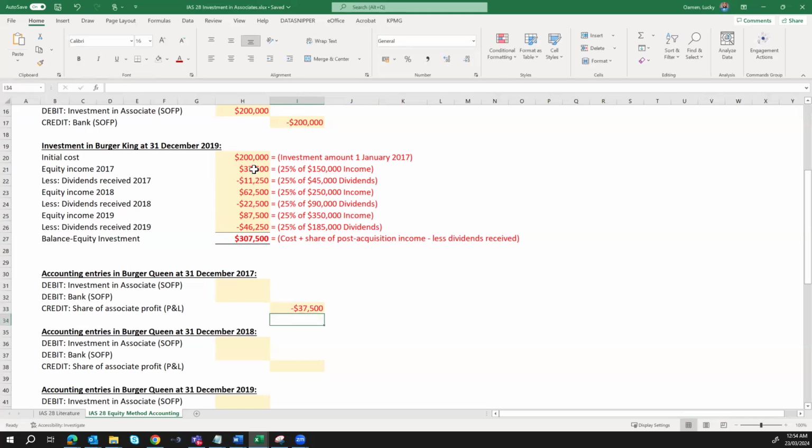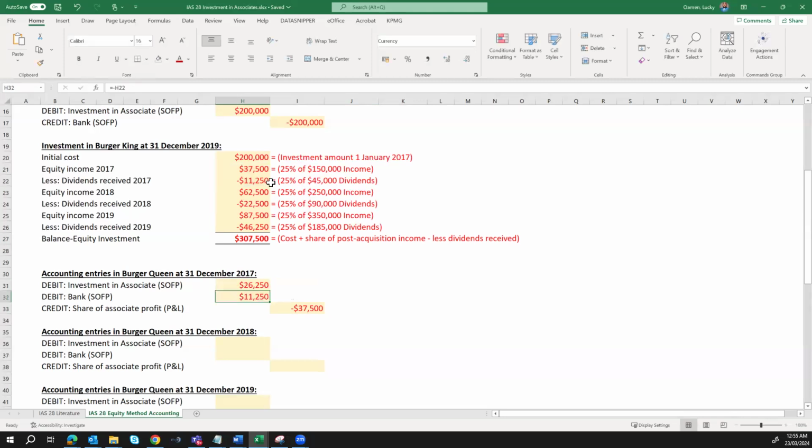Then in 2017 as well, you receive a dividend amount of $11,250. So this amount will come to your bank. So I'm going to change the sign to make it positive because we're debiting bank for $11,250. Then the balancing amount that adjusts your investment in associates in your balance sheet is the net movement between your share of profit and the dividend you received. So what I'll simply do is to sum $37,500 and $11,250.